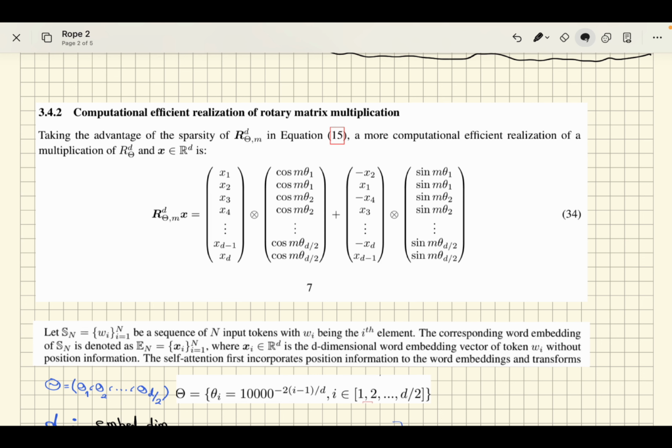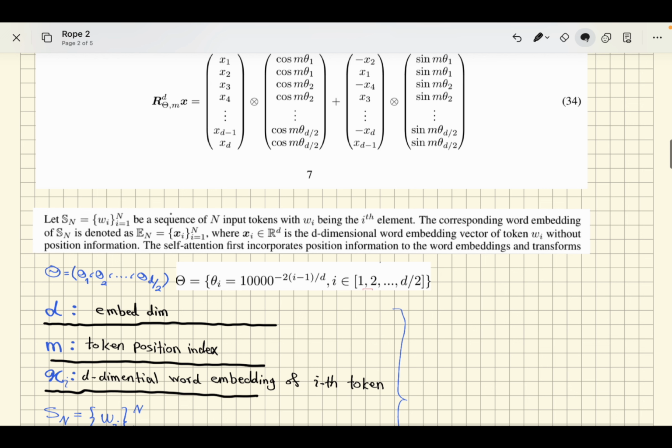So what this means is technically just the rotation with the frequency vectors theta at position m, and this d means the dimension of the embedding. Imagine that we have a sentence which consists of w_i's, where each w is, let's say, the ith word, and we have the embedding of the token, whose dimension would be d here.